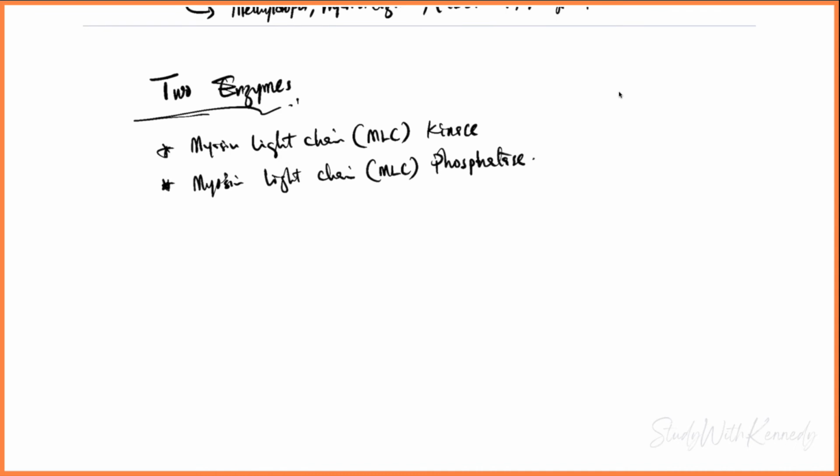You can imagine that just off their nomenclature, you can tell what they do already. Myosin light chain kinase is going to phosphorylate myosin. You remember from your biochemistry that kinases phosphorylate. Myosin light chain phosphatase is going to dephosphorylate myosin.